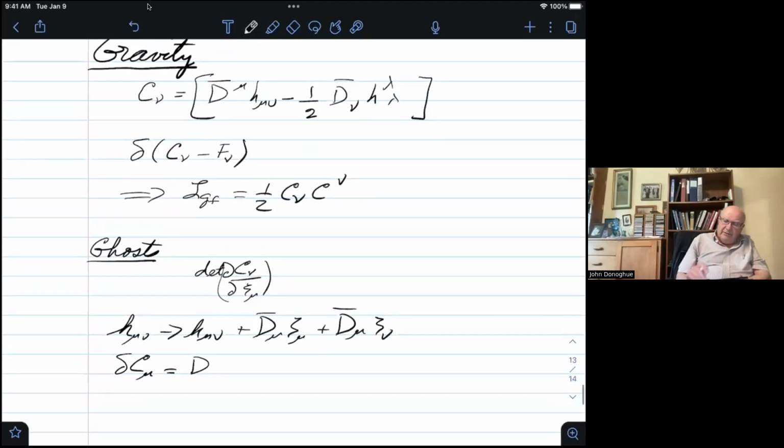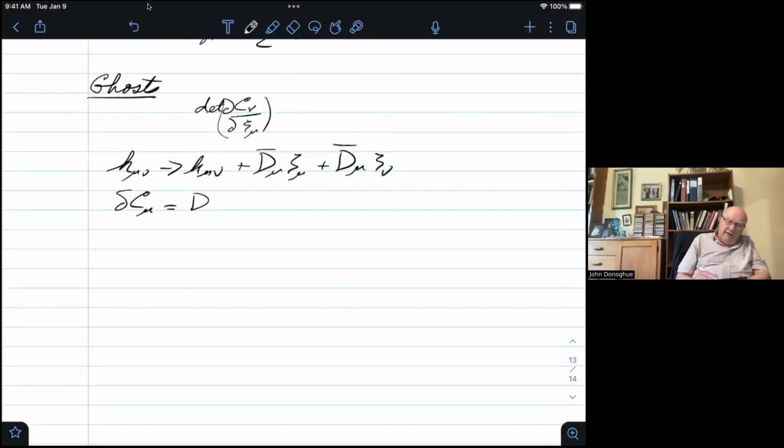I've got c as derivatives on h, so it's d bar mu d nu c mu plus d bar nu minus 2 over 2 d nu d mu c mu.